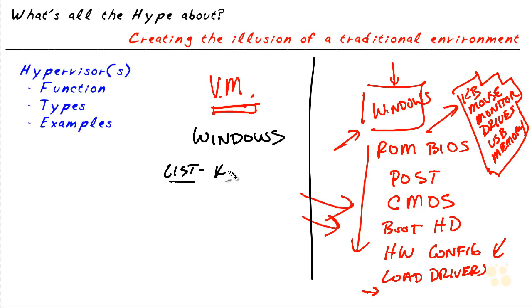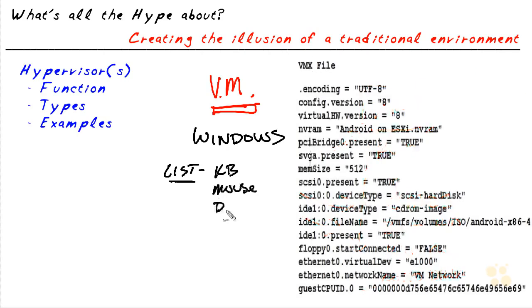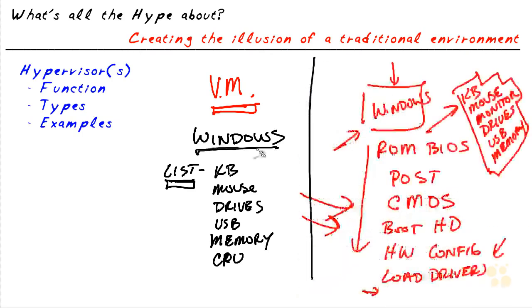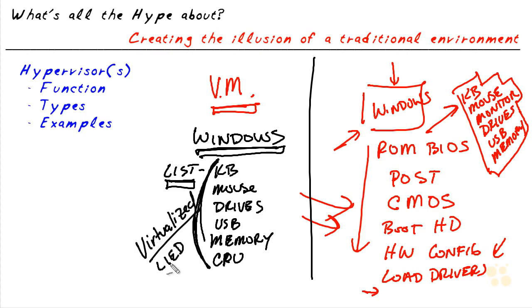For example, the keyboard, the mouse, the drives involved, USB ports, the memory, and adding onto that the type of CPU that's involved, how many sockets and how many cores. And so as a virtual machine boots up, it believes it has this nice laundry list of features that it can use. But instead of having the physical resources like the real PC does, all of these resources here are virtualized. Or if you want to think about it another way, we can say those are lied about.